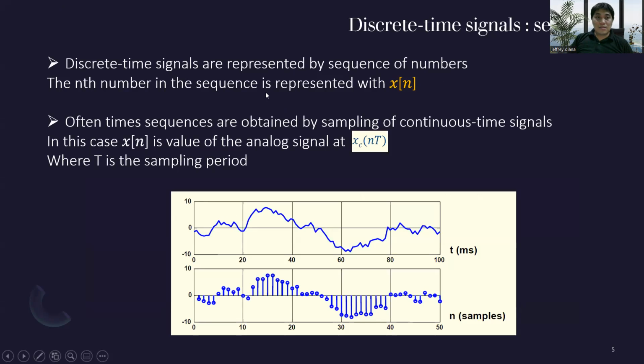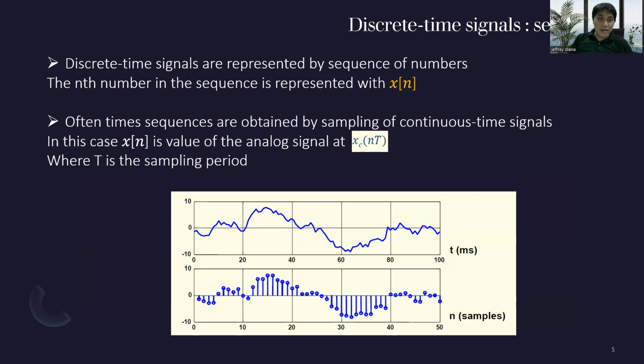So what are discrete time signals? Discrete time signals are represented by a sequence of numbers. The nth number in the sequence is represented with x[n]. Oftentimes sequences are obtained by sampling of continuous time signals.